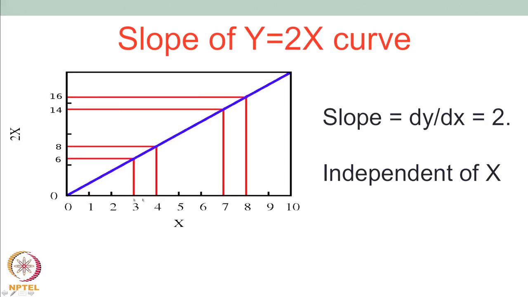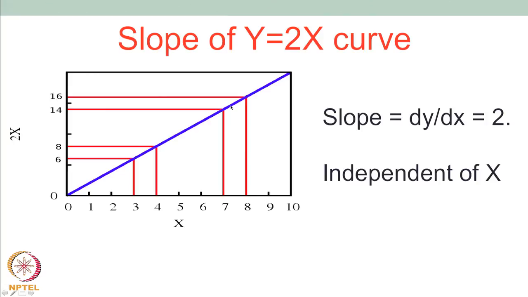So 2 divided by 1, which is 2. So the slope is 2. If you take 7 and 8, correspondingly 7 gives 14 and 8 gives 16. So 16 minus 14 is 2, and 2 divided by 1 is 2 again, which of course also shows that it is independent of x. So if you calculate the slope here or here, you will get the same value.